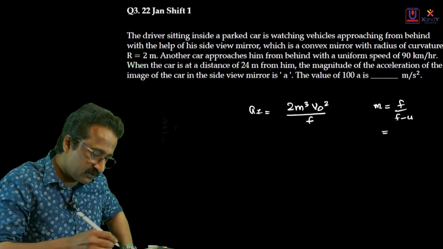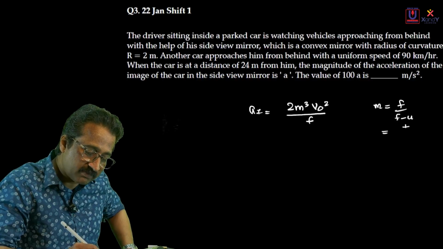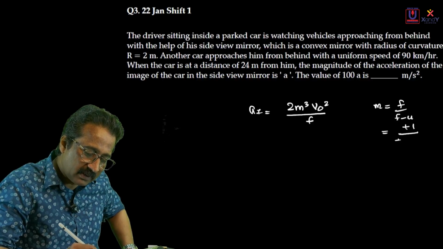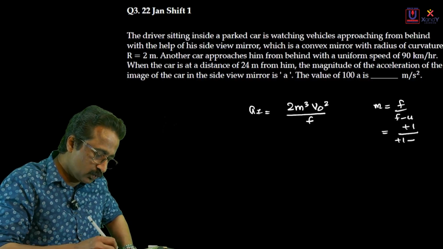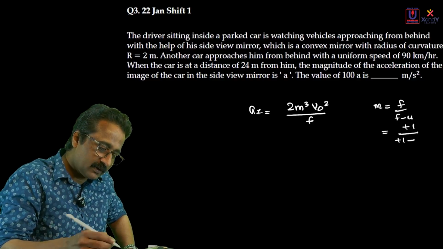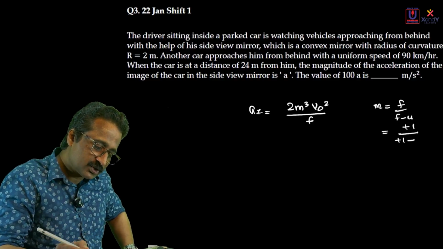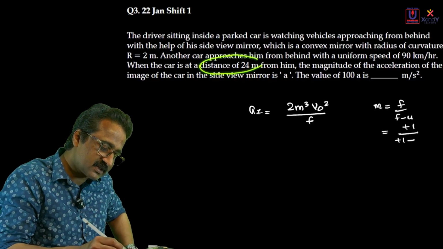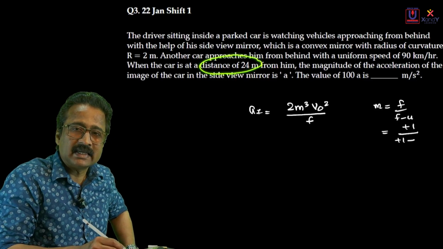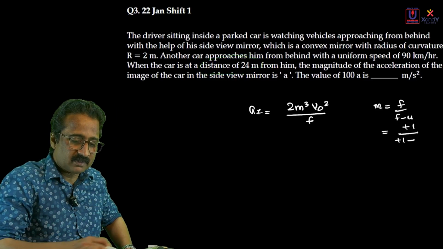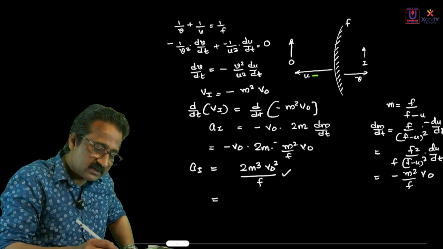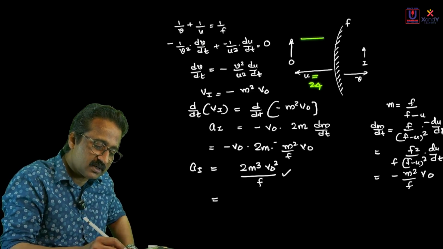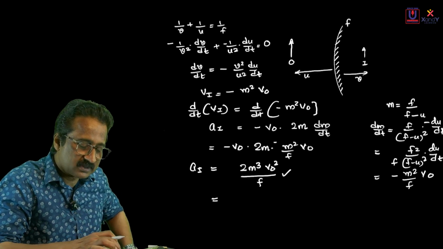I'll put that value. And it's a convex mirror also, so it is plus 1 then. Again plus 1 minus u. What is u here? It is said that the object is at a distance of 24 meter. That is the distance u. And that 24 is backward. Remember, if you have an object here, this is 24, but that 24 is measured opposite to the direction of velocity, direction of light.